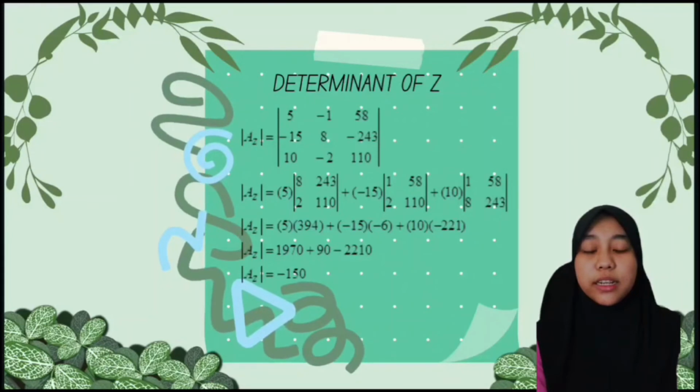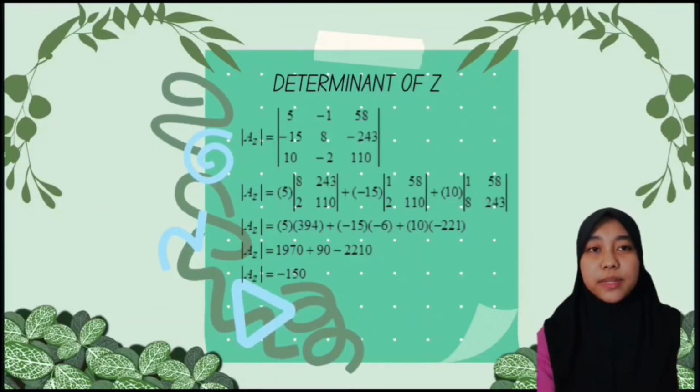We got 394 multiplied by 5. The second 2 by 2 matrix is 1 multiplied with 110 minus 58 multiplied with 2. And then we got negative 6 multiplied with negative 15. The third 2 by 2 matrix is 1 multiplied with 243 minus 58 multiplied with 8. We got negative 221 multiplied with 10.